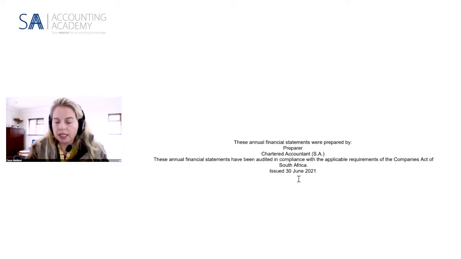We also need to state prominently what level of assurance these financials have had, and that's a Companies Act issue, not an IFRS issue. The other thing that I want very clear throughout these financial statements is the date of sign-off.